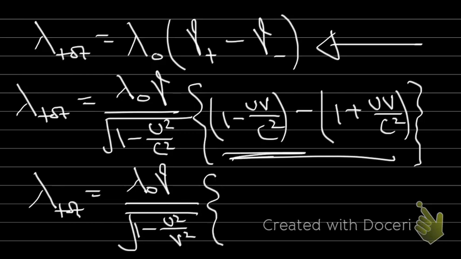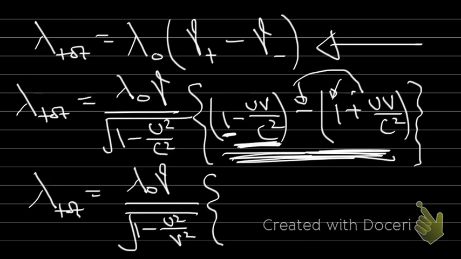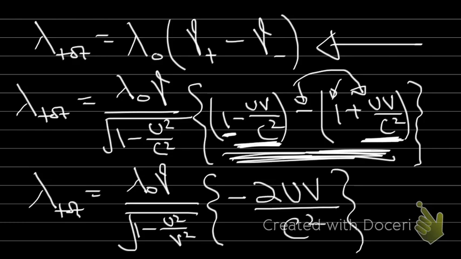In this expression you have a 1 and this minus sign and this 1, so that would go away, and then you have negative this thing, and this minus when distributed over here would become negative as well. So 2 times negative of this, so that's negative 2 uv over c squared, right? And so this is your total charge density, right?